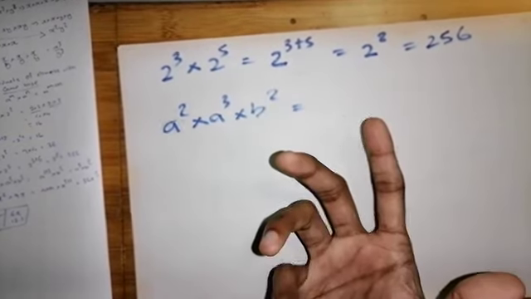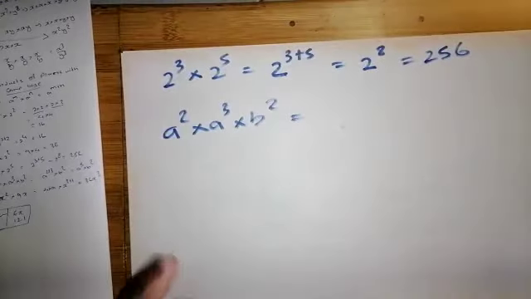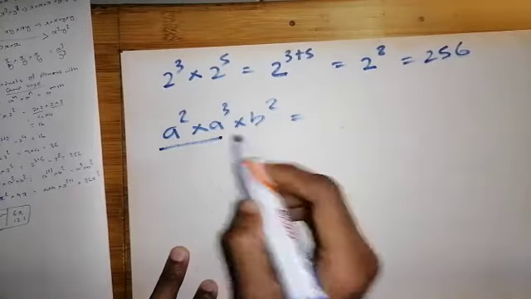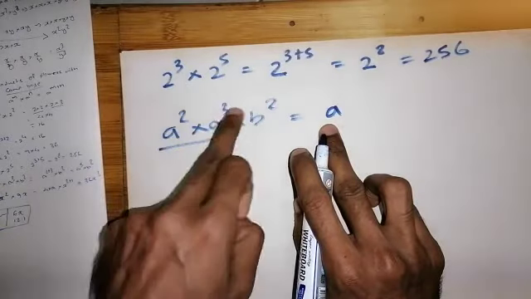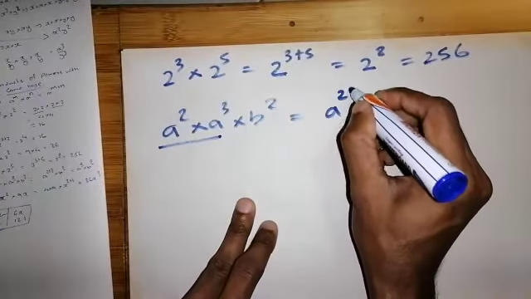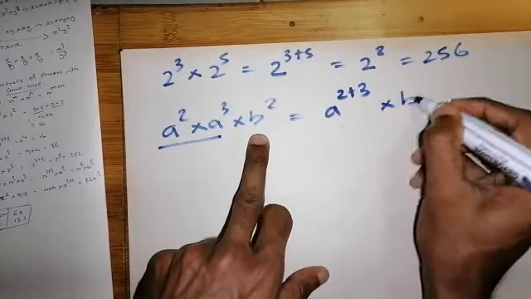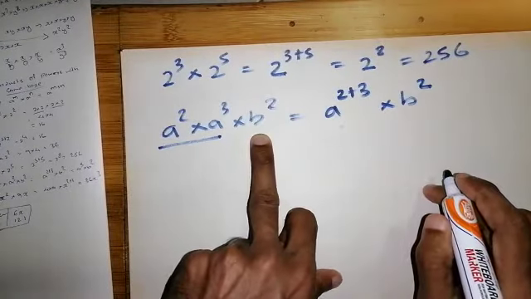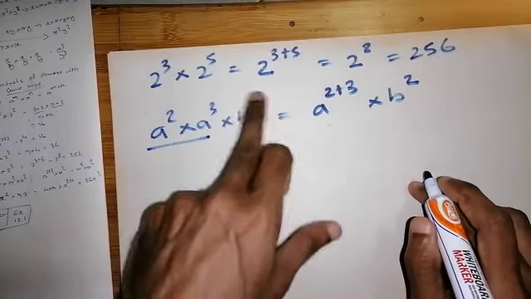For b we can't use it because the base is different. So the first step, we write a common base and the indices in addition form. So what about the b? Write the b as it is in the question. We can't do anything for that algebraic element.